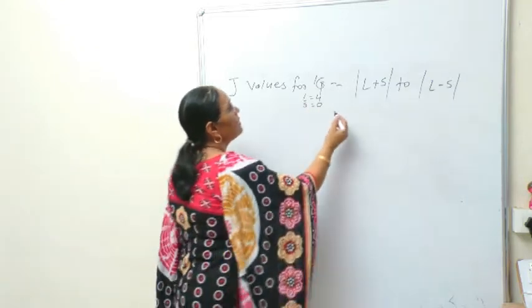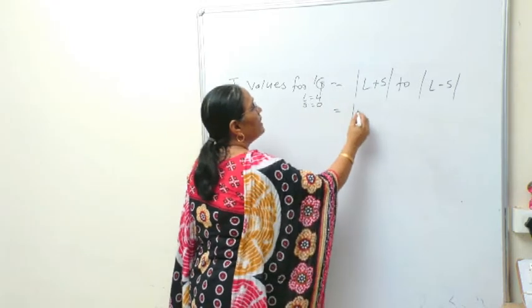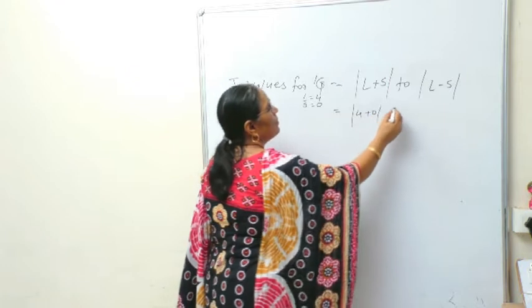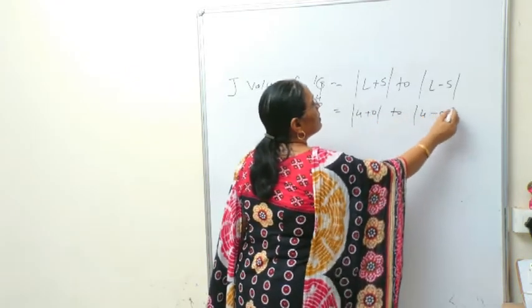So by putting these values into L plus S to L minus S, that is 4 plus 0 to 4 minus 0.